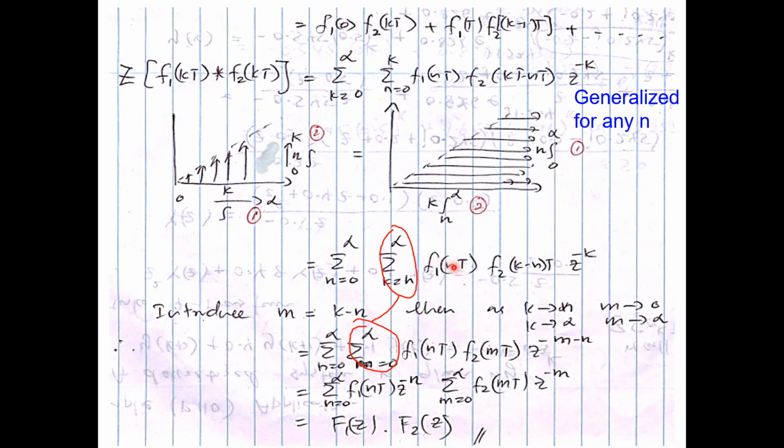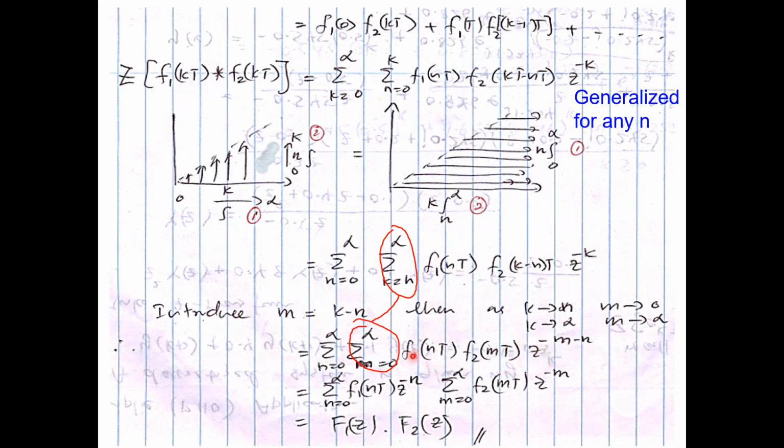Then you can see this one, f1(n), remains unchanged, and this one, f2(k minus n), changes to f2(m). And this k is replaced with m plus n, so z to the minus k becomes z to the minus m minus n, like that.